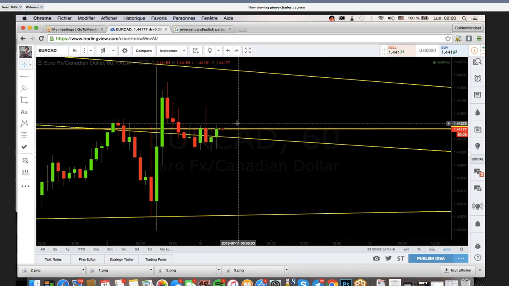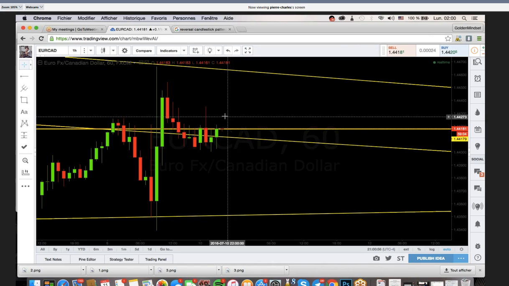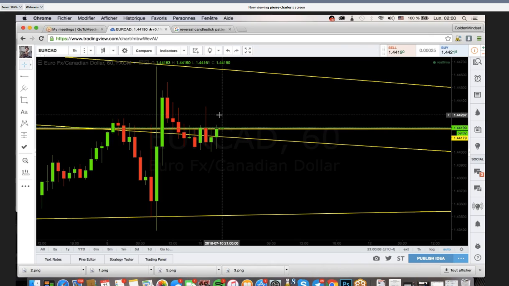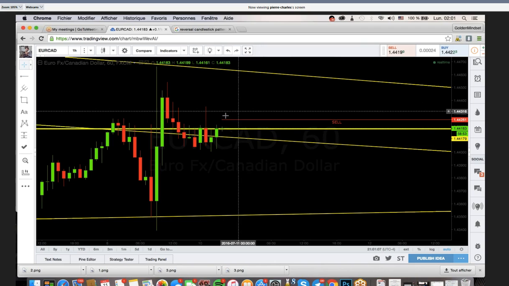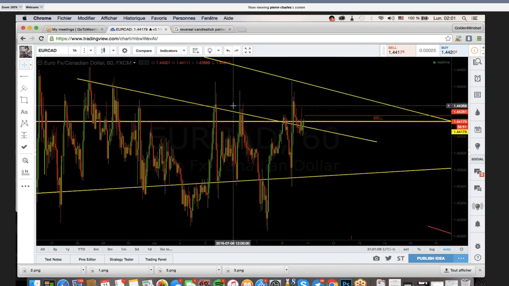If you want, you can put a buy stop at 144.250 right there. You can put a buy stop over there.